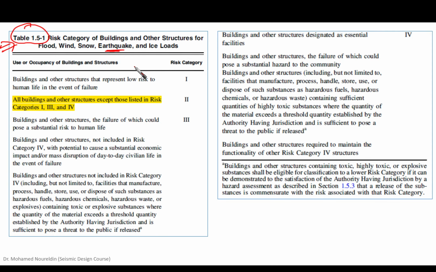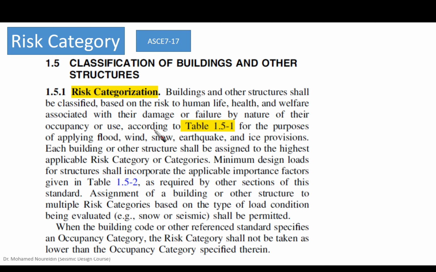Now let's go back again. I only want you to remember why we have used the word risk in the title. Each building or other structure shall be assigned to the highest applicable risk category or categories.